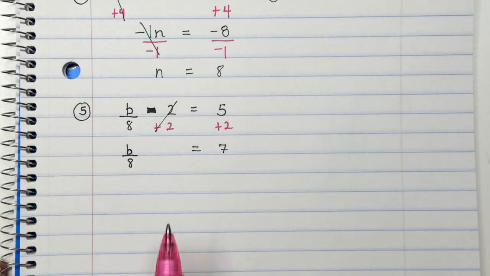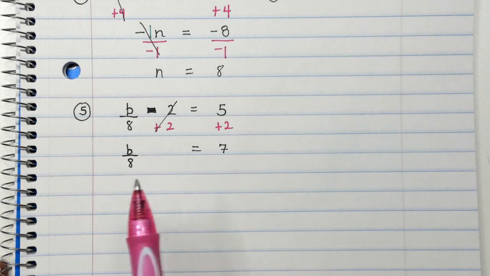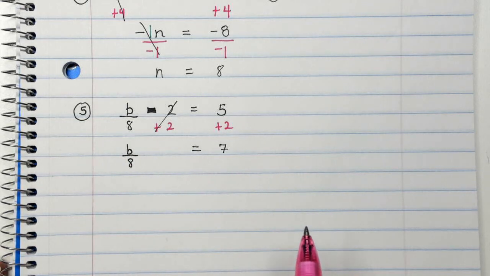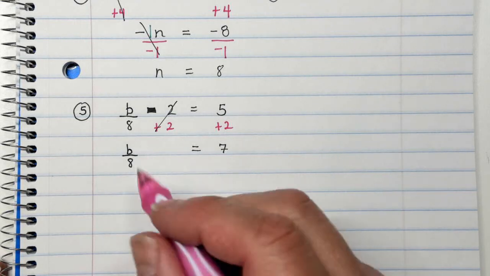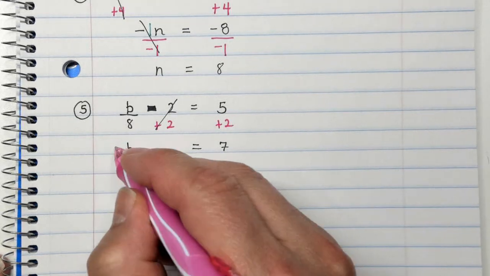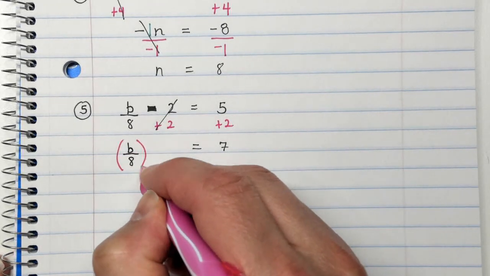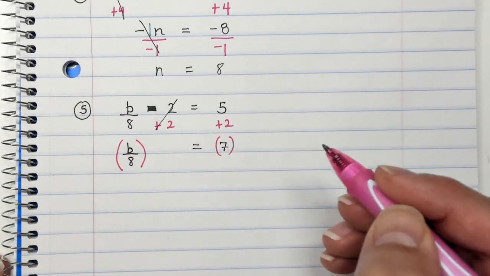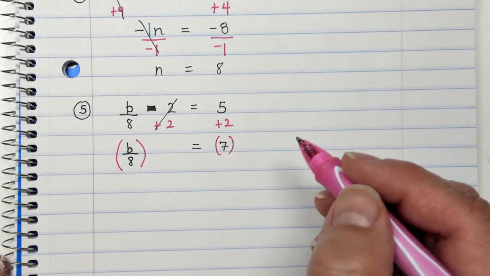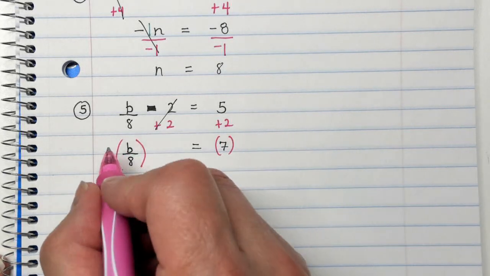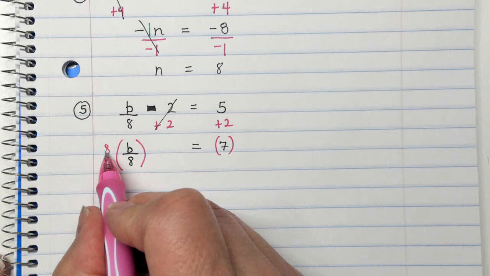Okay, so B divided by 8, the opposite of dividing by 8 is multiplying by 8. So you have to multiply both sides by 8. The way we want you to show multiplication in high school is with parentheses. So you're going to put parentheses around the thing that is getting multiplied. Notice where the 8 is located.